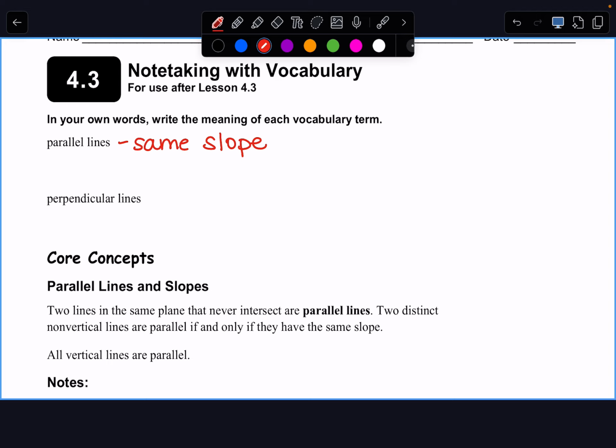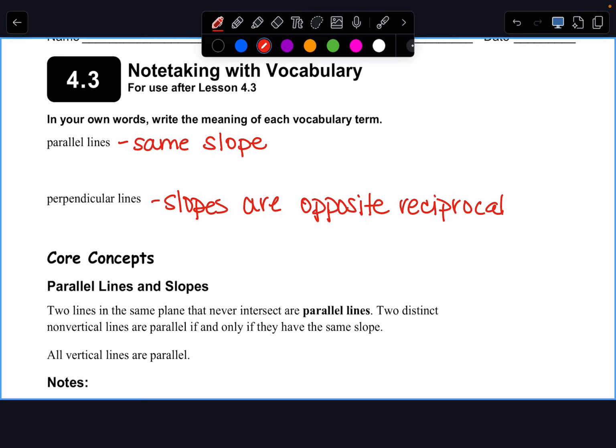So we call that opposite reciprocal. Okay. Opposite meaning one's positive, one's negative. Reciprocal means we're taking that fraction and we're flipping it upside down.